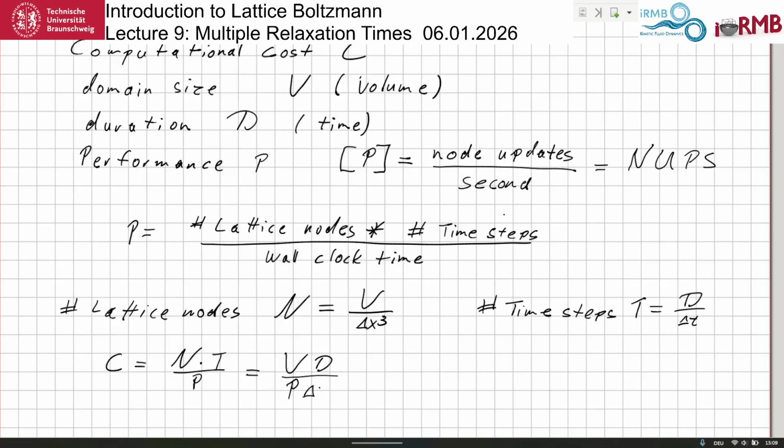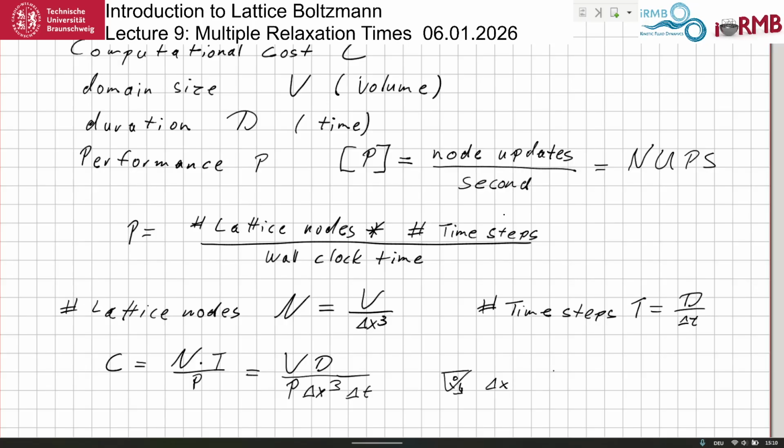The other thing is, here, delta x cubed. If you make delta x smaller, then your cost will increase, right? And the same for delta t. Not exactly the same. You will often see people trying to increase performance by using a very small time step, but you should actually use a very large time step.